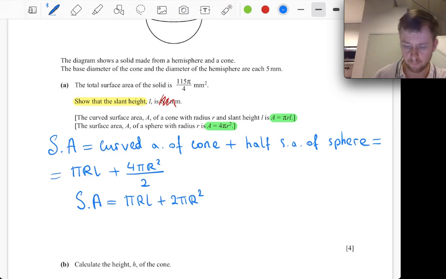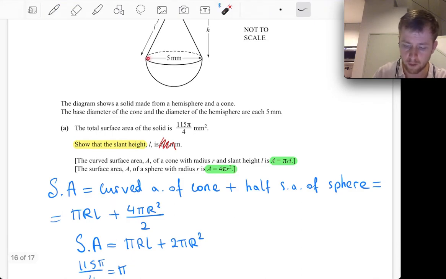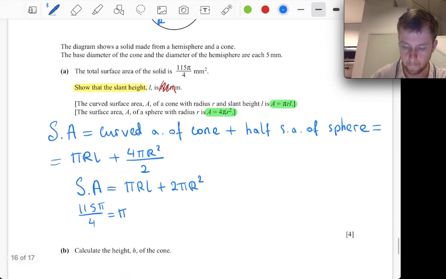So let's build an equation again. We know that surface area is 115 pi over 4. So 115 pi over 4 equals pi times radius. Just be careful here, we know that the radius is half of the diameter. So a radius will be 2.5, yeah?